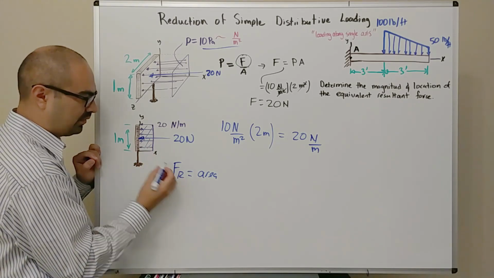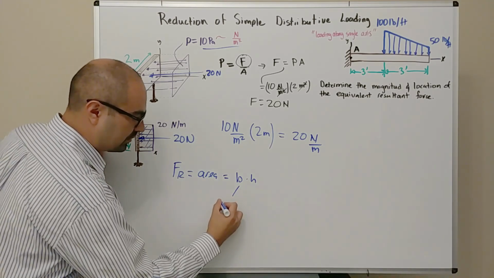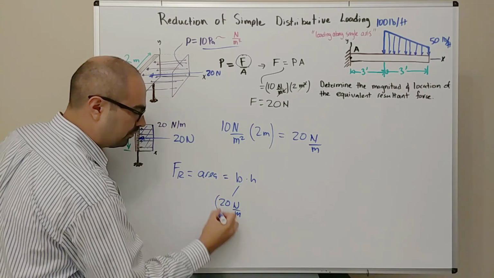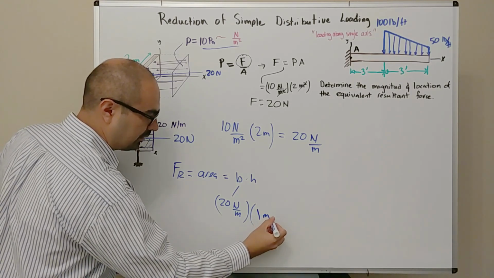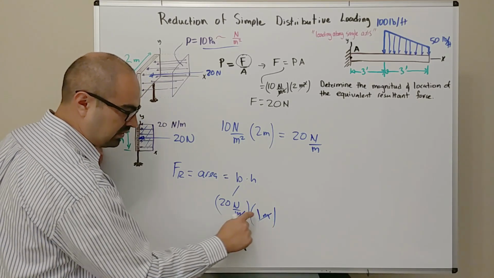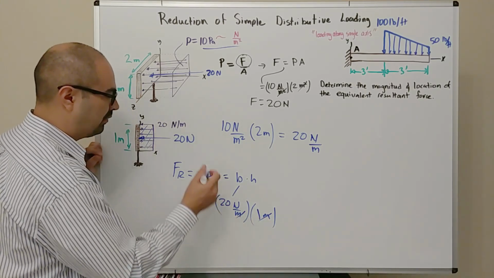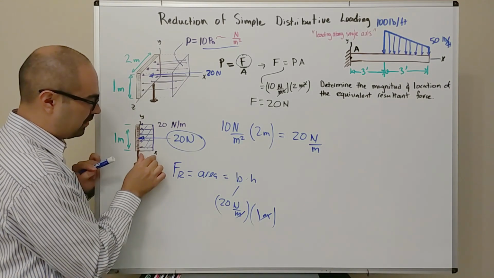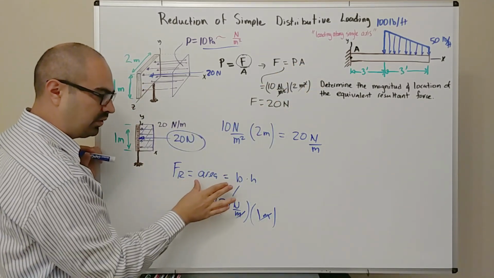So the area is base times height, where the base has units of 20 Newton per meter, and the height has a magnitude of 1 and a unit of meter. When we multiply these two together, 20 times 1 gives you the 20, the meter from the bottom cancels with this meter, and we end up with this resultant force. So again, the resultant force is just the area of the curve. In a little bit, we'll go through this example so we get more practice.